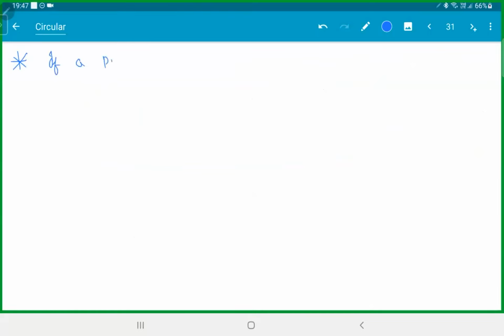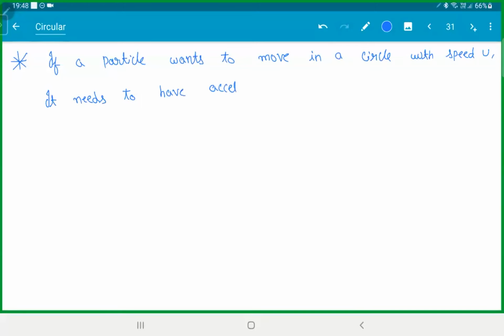If a particle wants to move in a circle with speed u, it needs to have an acceleration u square by r.